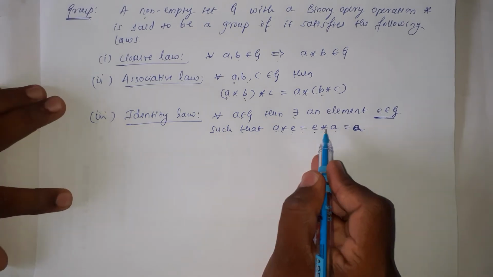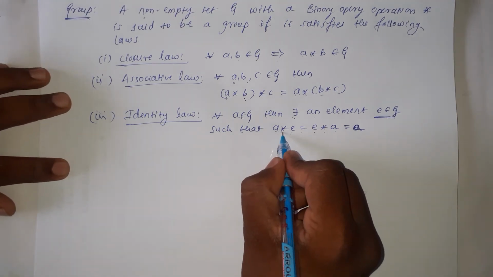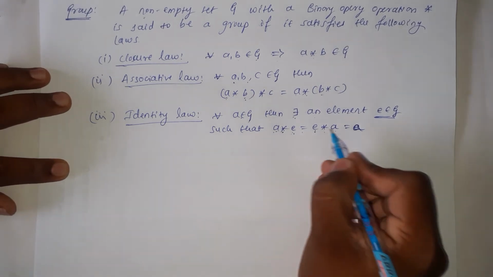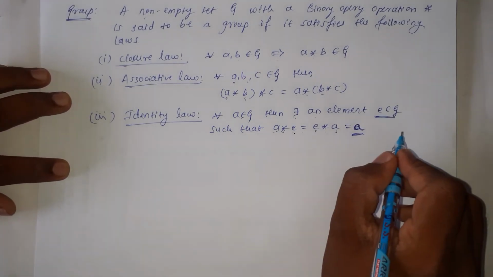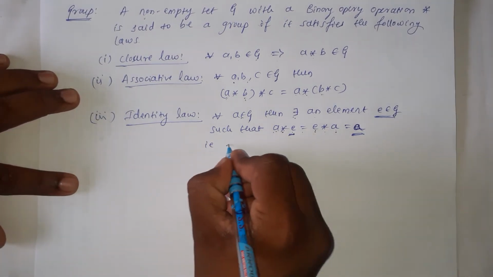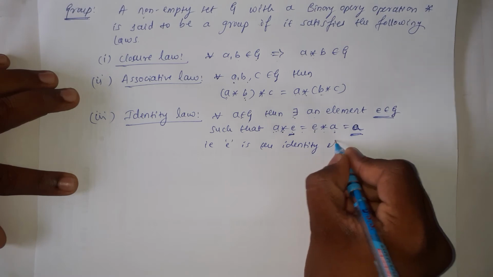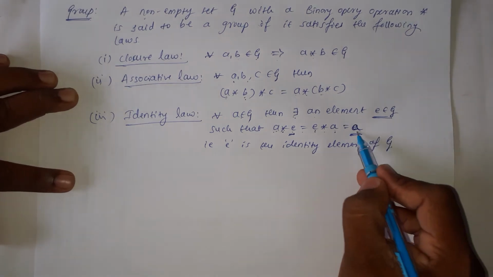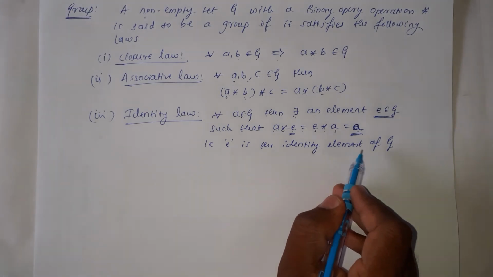So, here we are operating the binary operation star on the elements a and e, then e and a, then the result must be equal to the element a itself, then this e is called the identity element of G. So, here the value of a will not be changed after applying the star with the element e.